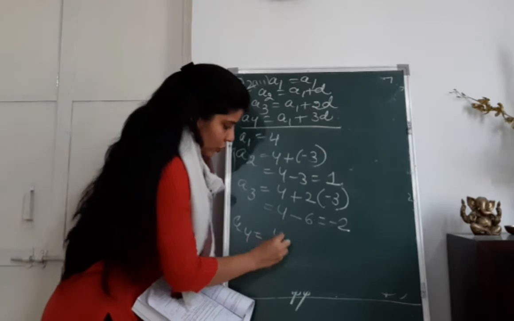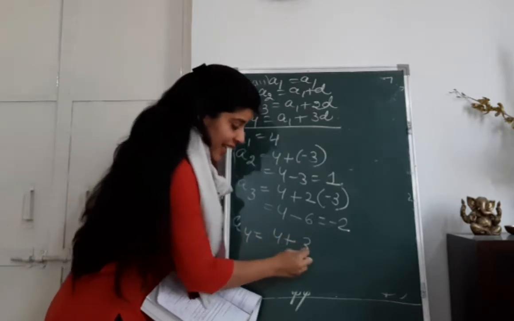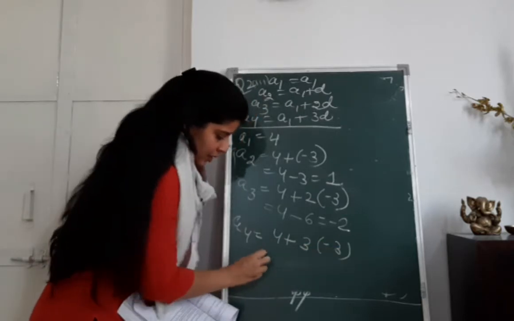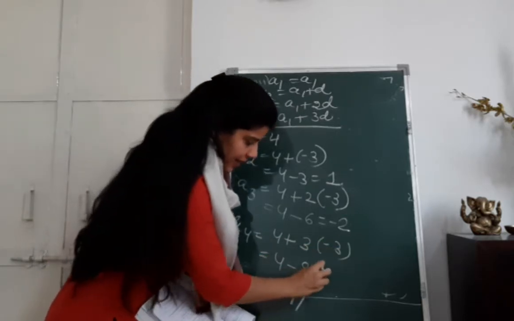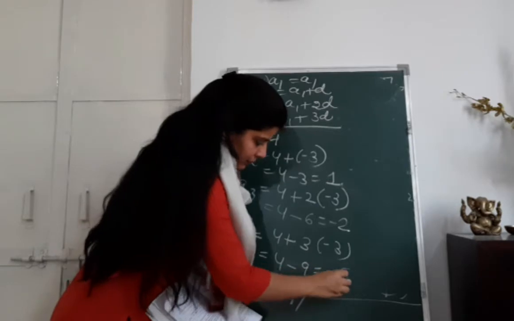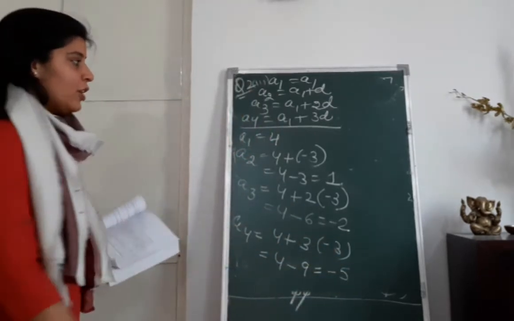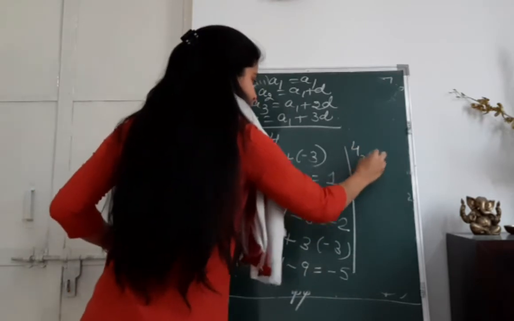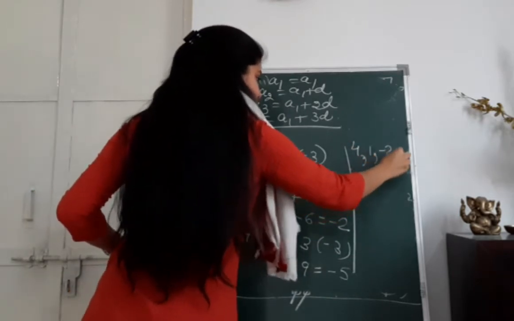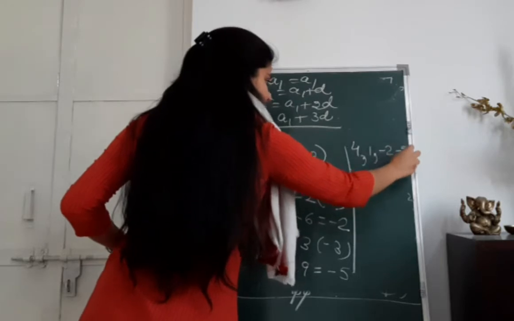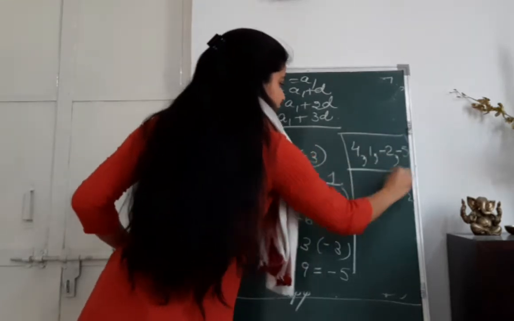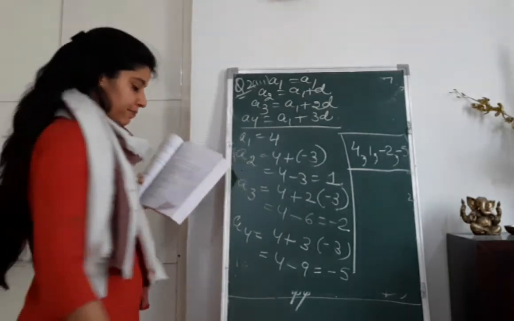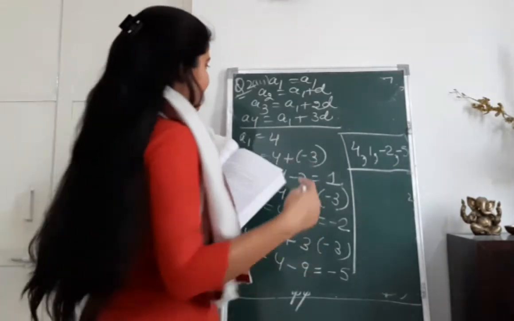A4 is equal to 4 plus 3D, that is 4 minus 9, which is equal to minus 5. So what is our series? It is 4, 1, minus 2 and minus 5. So this is our answer for the third part of the second question.